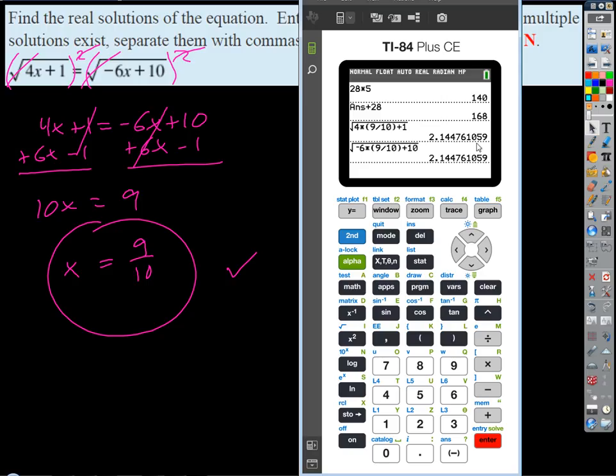It gives me that decimal, 2.1447, blah, blah, blah. If I do the same thing on this side, square root of -6 times the 9/10 in parentheses plus 10, all under the radical, I get the same decimal, so it works, right? That make sense? That solution made that equation true, so it checks.